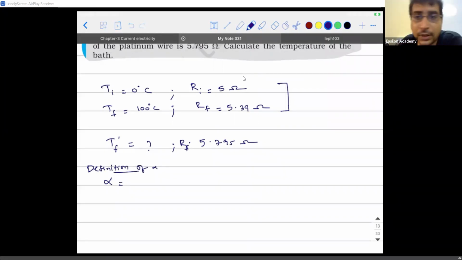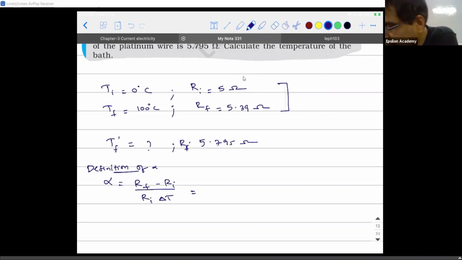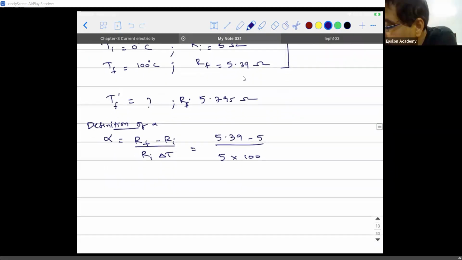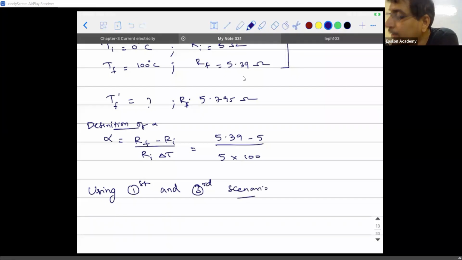The definition of alpha is R final minus R initial divided by R initial into delta T. If I take the first two scenarios, it is 5.39 minus 5, the whole divided by 5 into 100. Similarly, using the first and third scenario, what do I get?